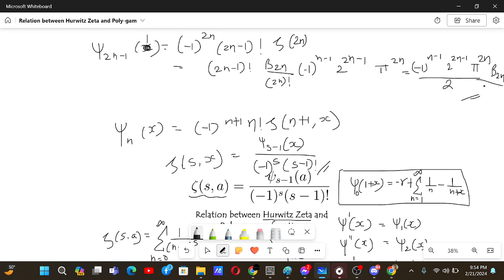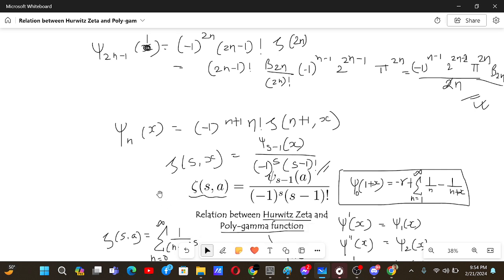Minus 1 to the power n minus 1, 2 to the power 2n minus 1. Oh, by the way, I can take this 2 to the numerator, and okay, so basically 2n remains here. Yeah, if this cancellation occurs, 2n remains. I can take this 2 over here in the power, cancel this and write 2n minus 2. Yeah, okay, 2 to the power 2n minus 2, pi to the power 2n, and by n. Now this is the correct formula for digamma of 2n minus 1.